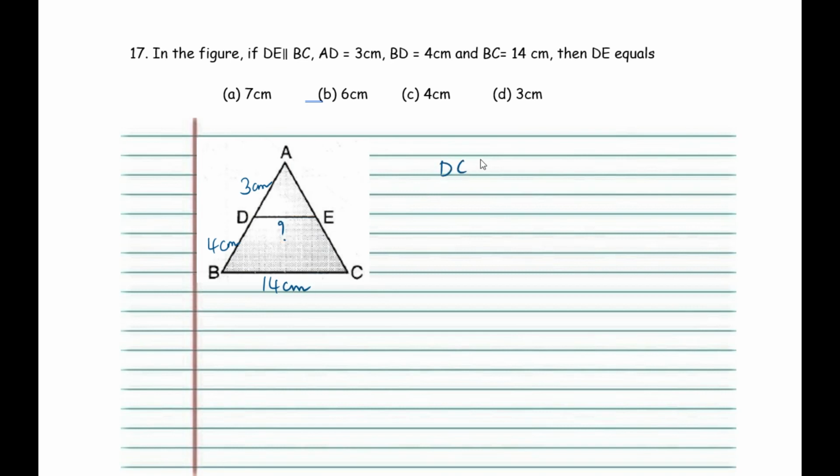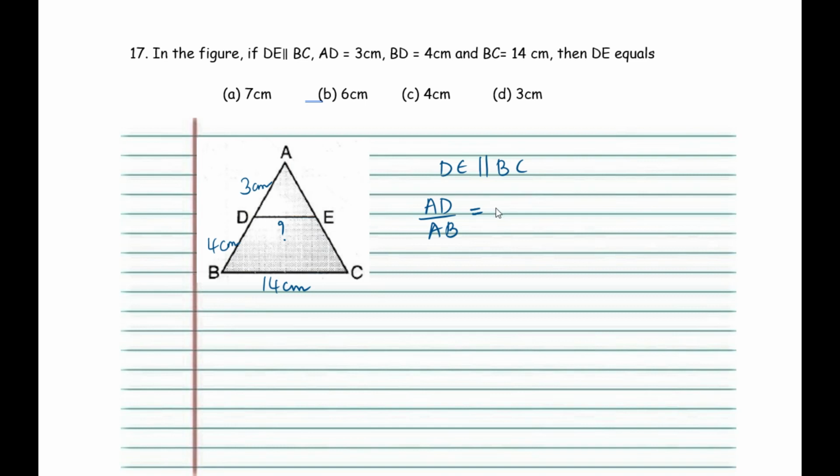Since DE is parallel to BC, therefore using the concept of Thales Theorem, in triangle ADE and triangle ABC, AD by AB equals AE by AC, which is equal to DE by BC.